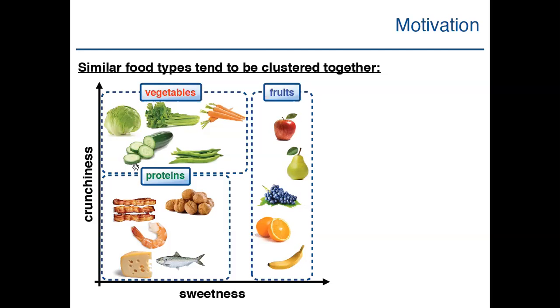They're from low to medium in terms of sweetness, but in terms of crunchiness, they are generally high. Proteins, they are low on both of these, both sweetness and crunchiness. Okay? And based on this information that you know about fruits, vegetables, and proteins, you want to figure out something about tomatoes.